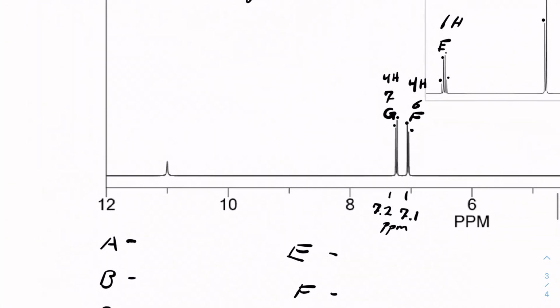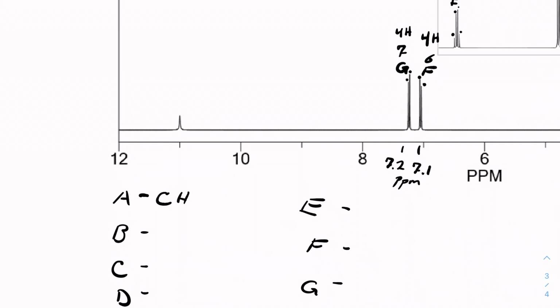So we're going to go ahead and say that these are CH3. And then we're going to move on to B. What we can see from B is that those are going to be CH2 carbons.